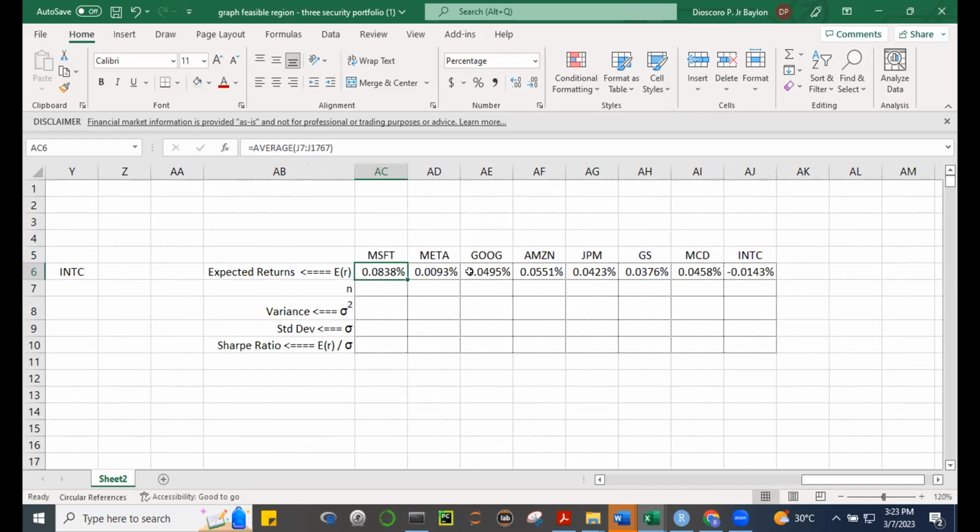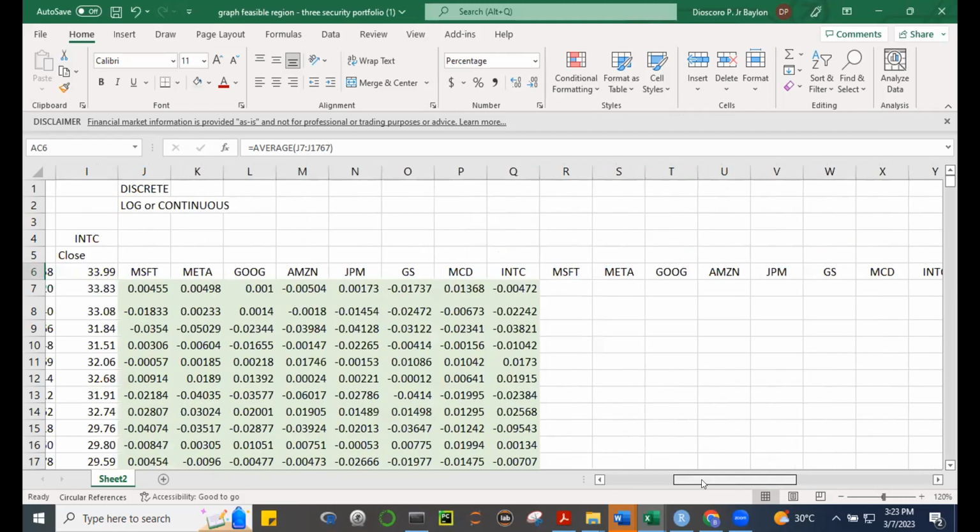This is just the average of the returns. Average log returns for Microsoft, for Facebook, for Google, etc. Okay, thank you, Luis. Let's wait for the others.